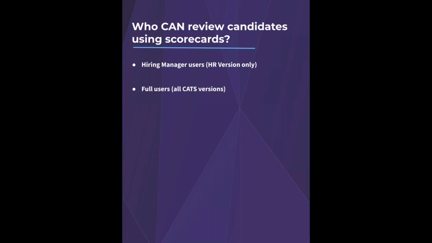You can send a review via scorecard to a hiring manager, which is unique to the HR version of CATS. And you can send it to a full user within your system. When I say a full user, it doesn't matter which version of CATS you're on. If you're on the agency version or the HR version, your colleagues can act as reviewers, hiring managers, as well.